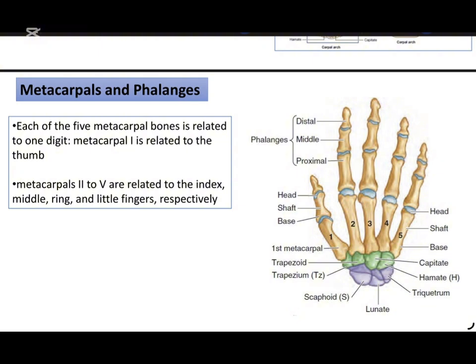Each one of them it has a head, it has a base and a shaft. وبالتالي what type of bone is each one of these? It is a long bone regardless of its length because it has 2 ends and a shaft in between. So how many phalanges do I have? 14. So هدول 3 ضرب 4 12. هدول 2 so I have 14 phalanges in this.